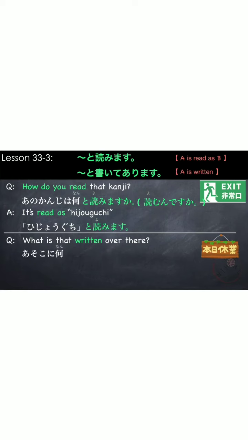So we say, あそこに何と書いてありますか? Because this is in question form.